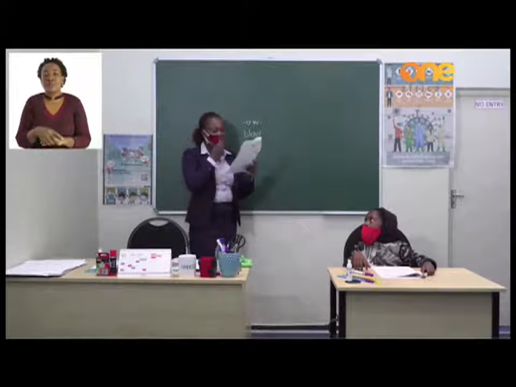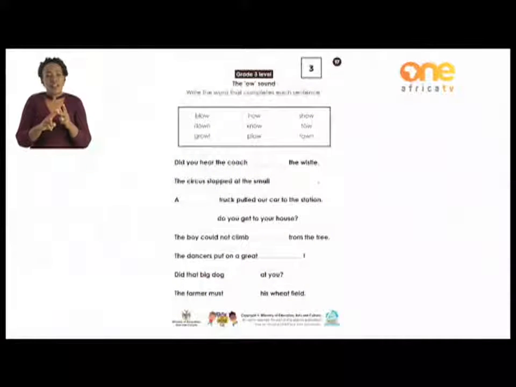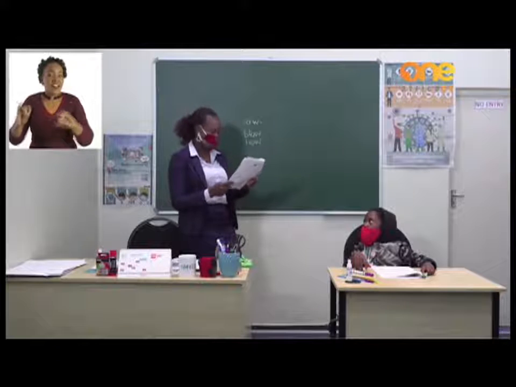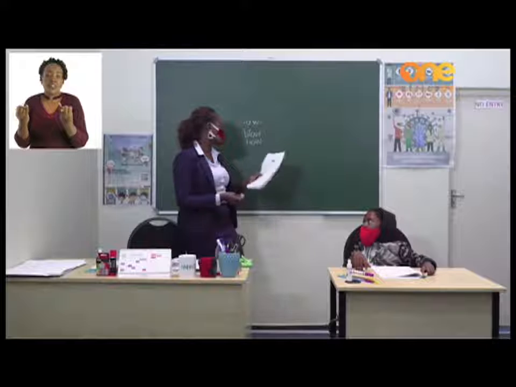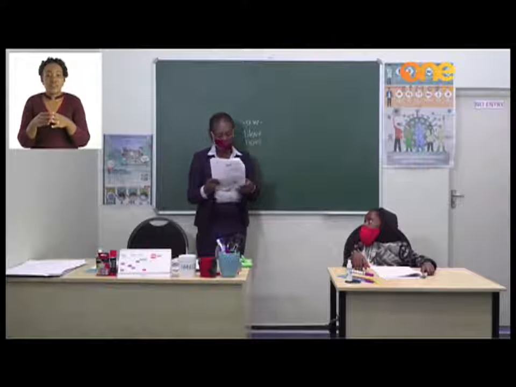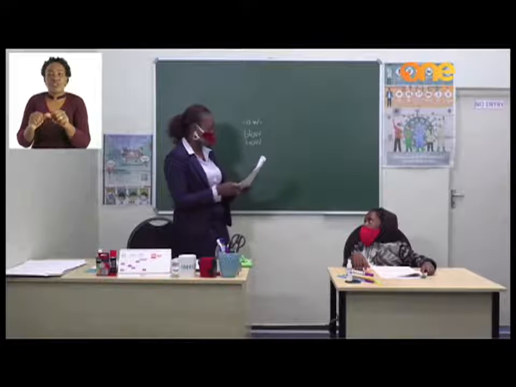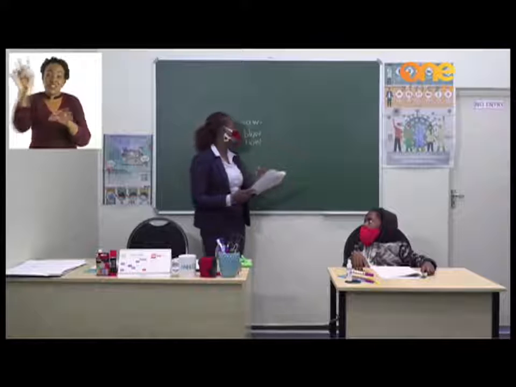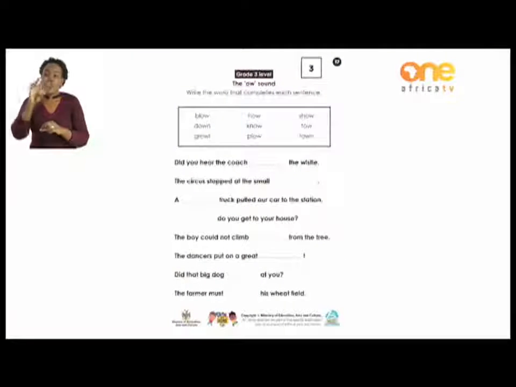The circus stopped at the small dash. Okay? The answer here is town. They stopped at the small town. So I want you to do the remaining questions, choosing the given words with the sound O, and complete all the sentences.